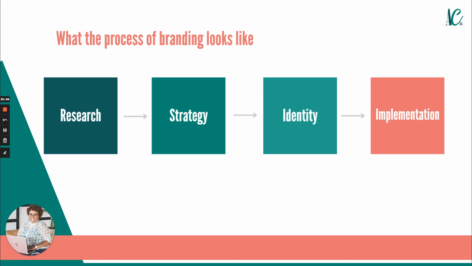Then your identity, which is where you actually create the look and feel. Everybody's favorite part, my favorite part, that's the fun part of creating your brand, is the brand identity. And then lastly, your implementation phase. Implementation is going to include your touch points.